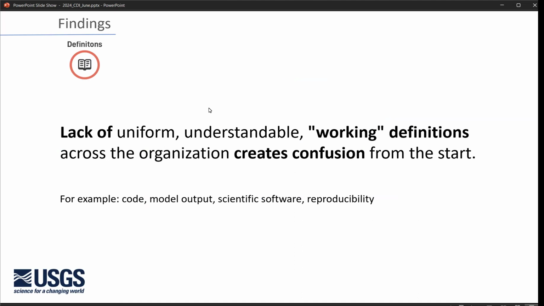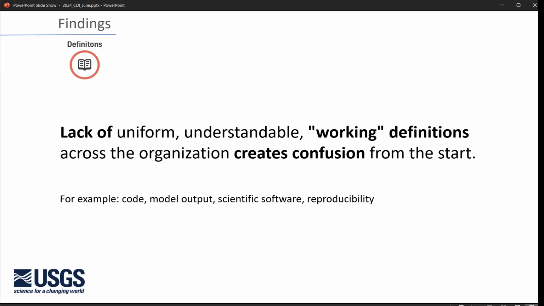So findings in terms of definitions, essentially this idea of a lack of uniform understanding of terms that we use in our best practices.